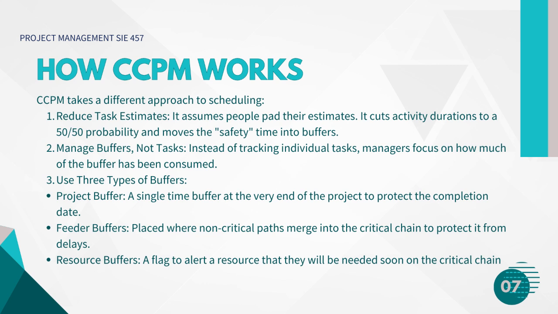There are 3 kinds. A project buffer is a single block of time at the end of the project to protect the final due date. Feeder buffers are placed where non-critical paths merge into the critical chain, protecting it from delays. And resource buffers are not time, but signals that warn a critical resource that they will be needed soon.